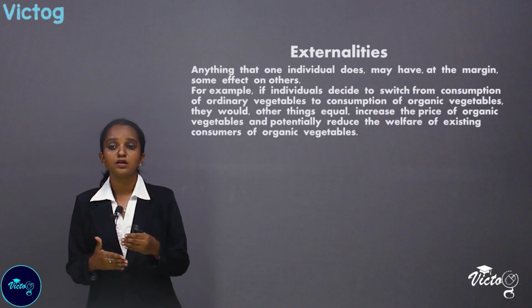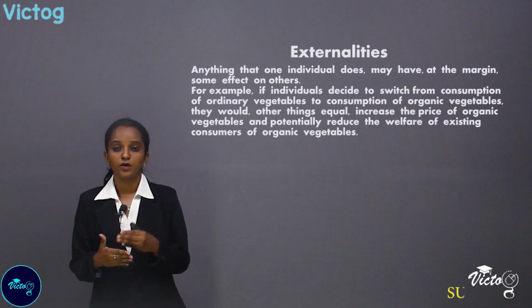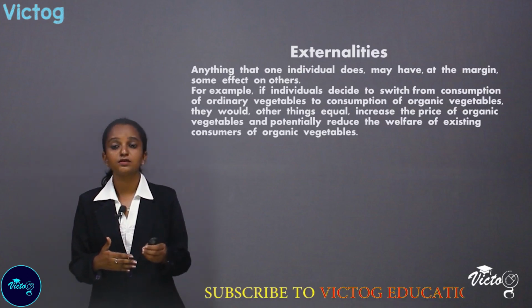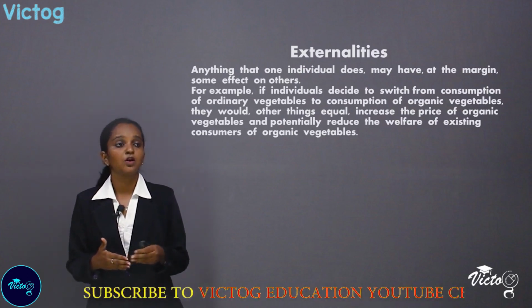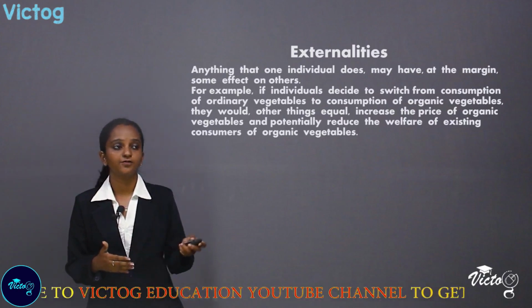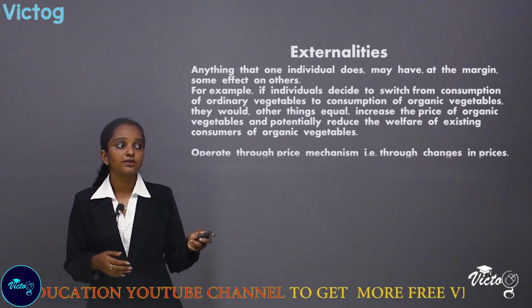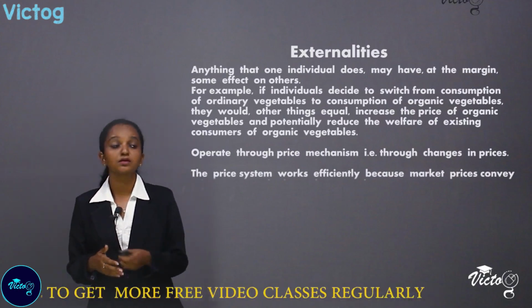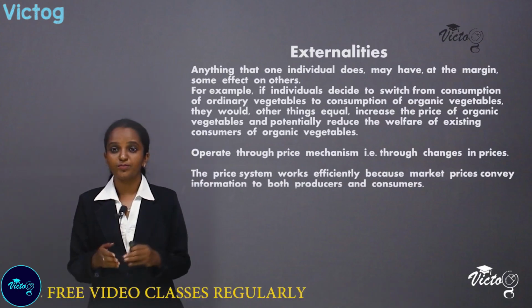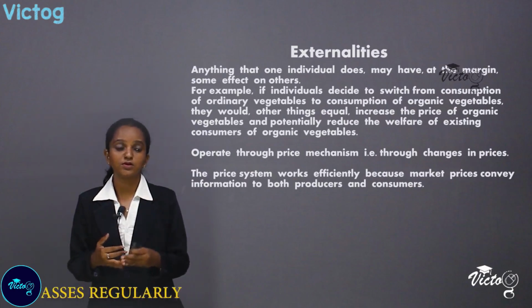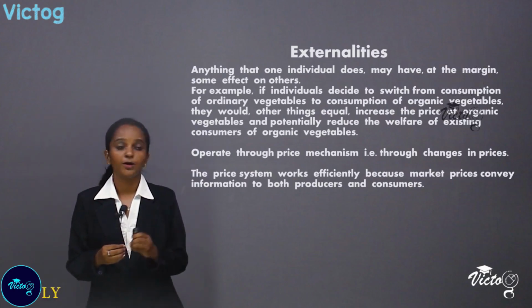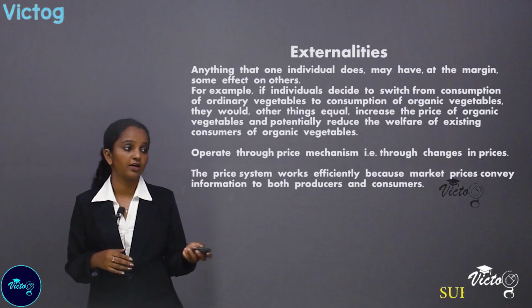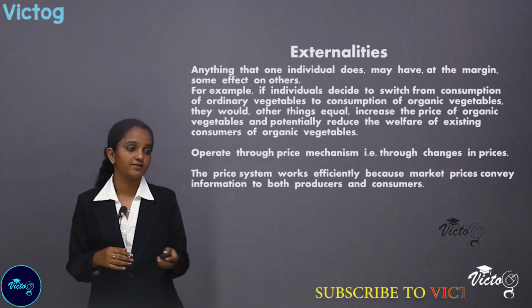So this will lead to an increase in the price of organic vegetables in the market, and it will also result in reducing the welfare of the consumers who were already consuming organic vegetables. So this happens through a price mechanism, or through changes in prices. Thus, with the help of the price system, the producers and the consumers are well aware of the efficiency of the market, or through market prices.